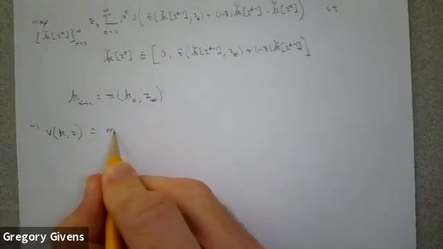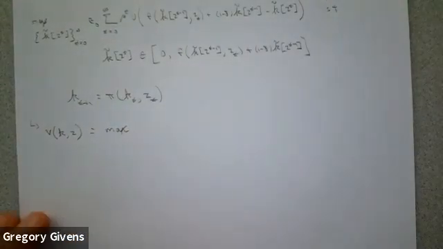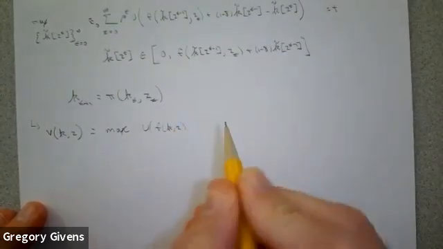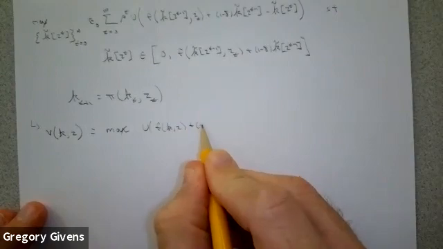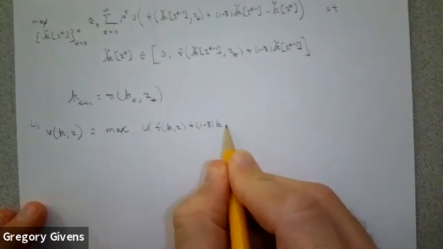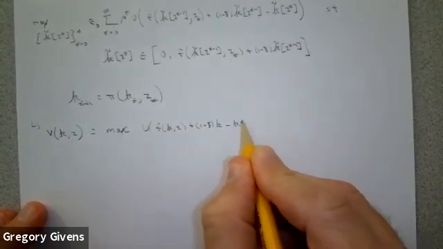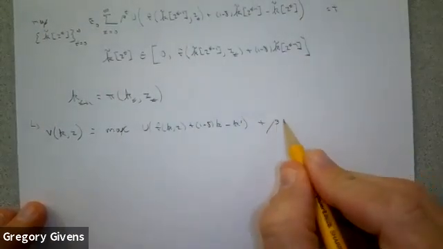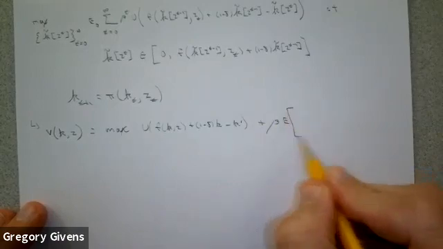And that should be equal to the maximum of the current return, U of f(k,z) plus (1 minus delta)k minus k prime, plus the discounted continuation return, expected continuation return, I should say.